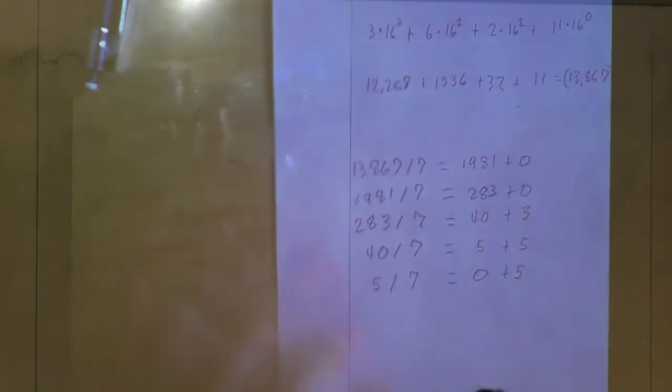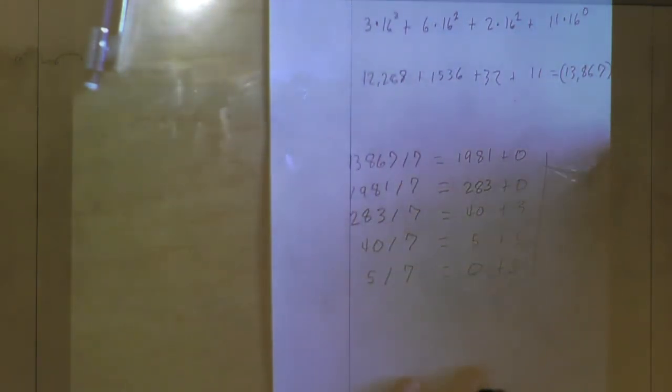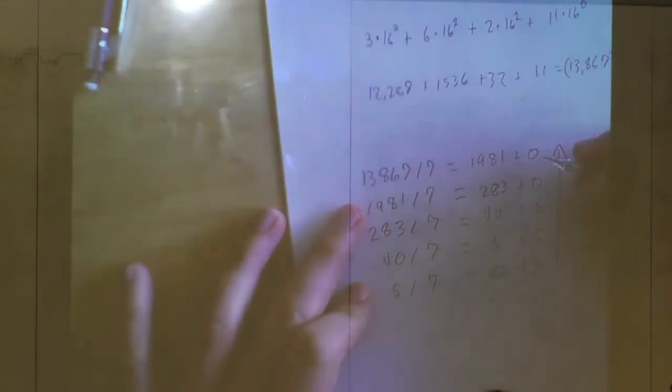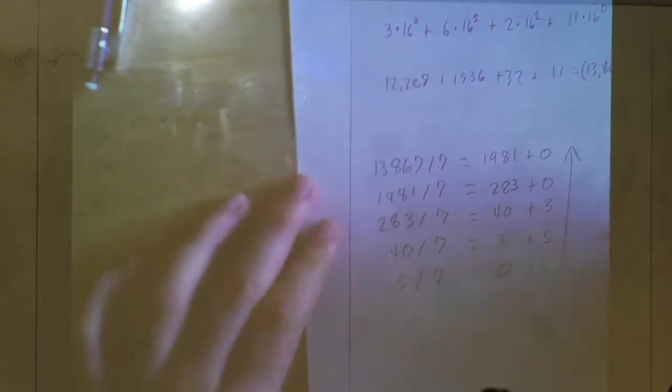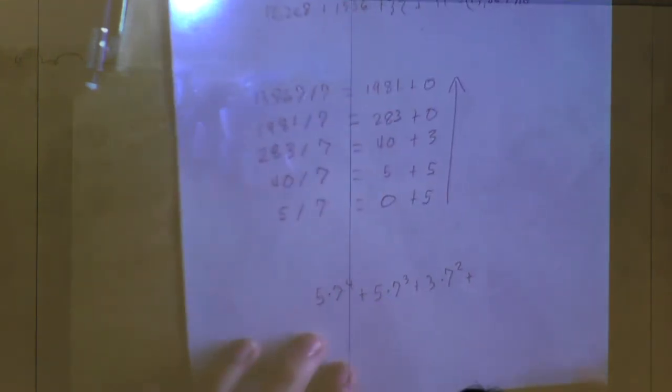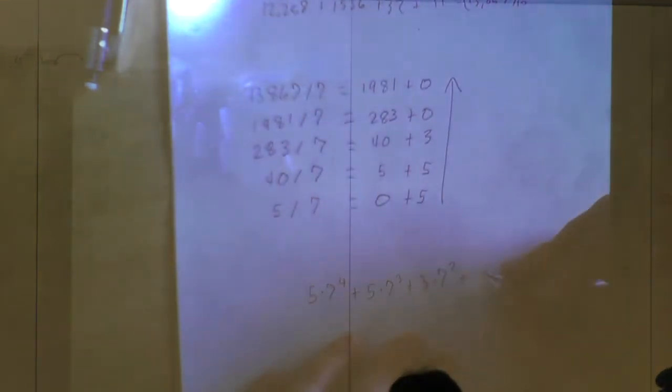Okay, so now we're going to read these remainders this way, right? And that's going to be our representation in base 7. So we'll have 5 times 7 to the 4th plus 5 times 7 to the 3rd plus 3 times 7 to the 2nd plus 0 times 7 to the 1st plus 0 times 7 to the 0.